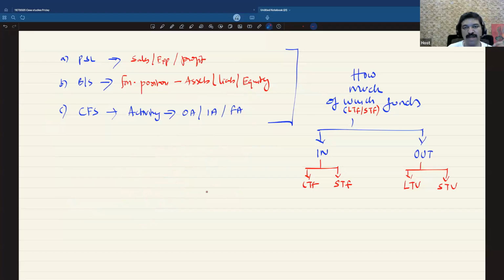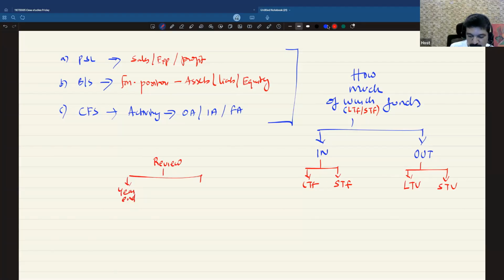But if you are an investor, if you are a stakeholder like a banker, then you should know what happened during the year, not just what happened as at 31st March. Are you all agreeing with me? If you are an investor, if you are a lender, you have to review the financial position, not just year end.